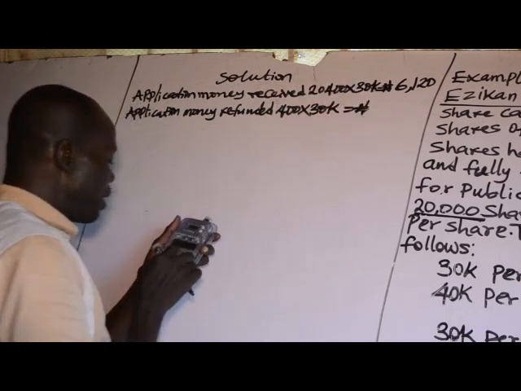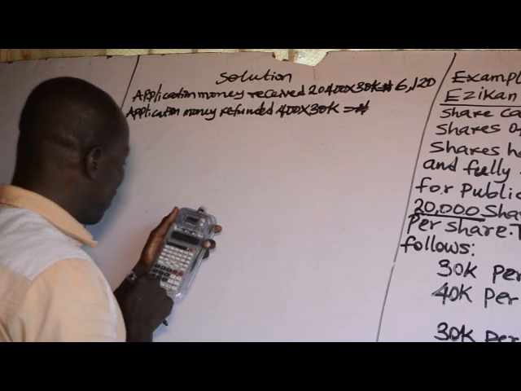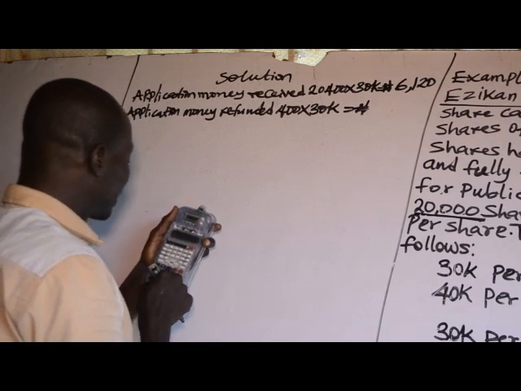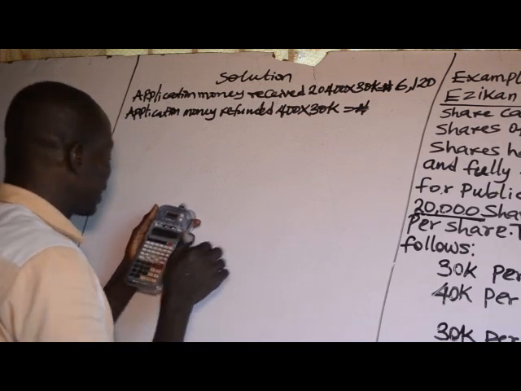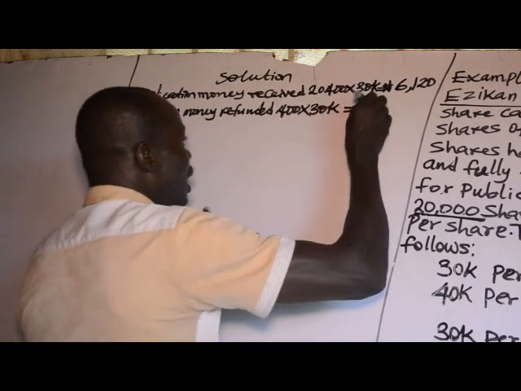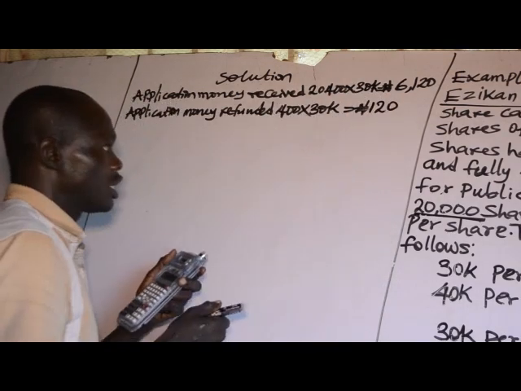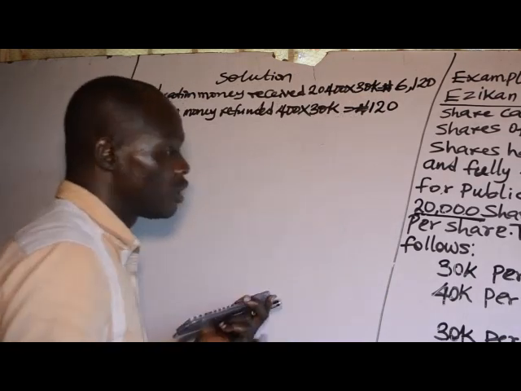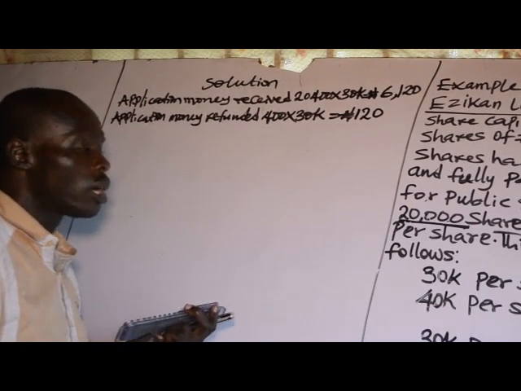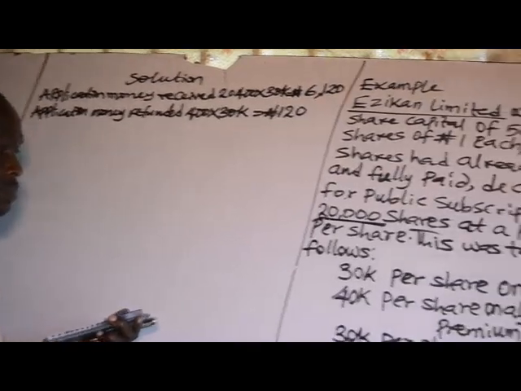Therefore, the amount refunded to unsuccessful applicants will be 400 times 0.3, which gives us 120. So 120 will be returned to unsuccessful applicants.